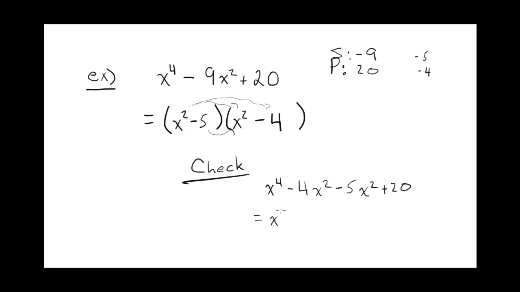So x to the 4 minus 9x squared, if you add like terms, plus 20, and we're good, we get back what we started with, so that would be the correct factorization. Okay, so that's a good set of examples. Let's do one more.